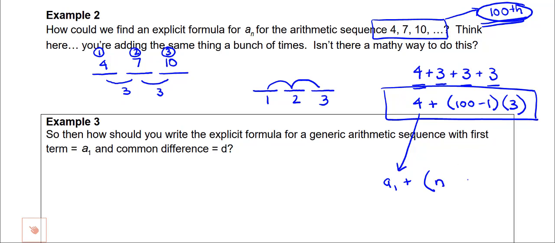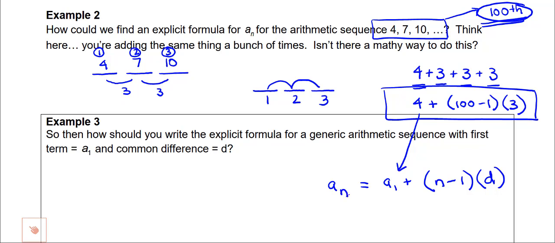Isn't that n? The position. And then minus 1 is minus 1. And what's 3? The difference, good. And what is this going to give me? A sub n, the position I'm looking for.